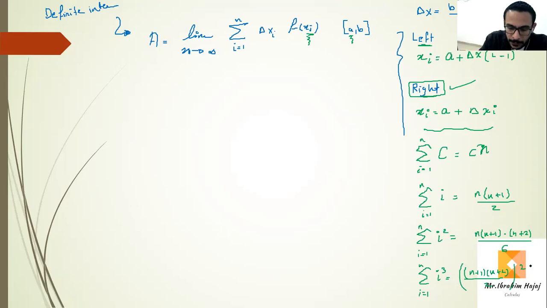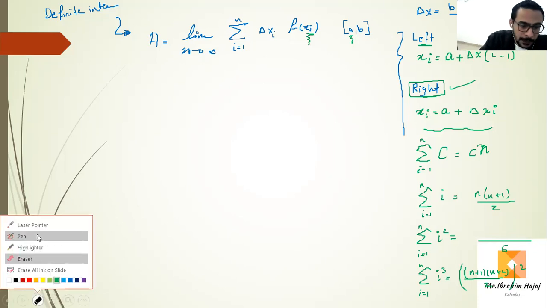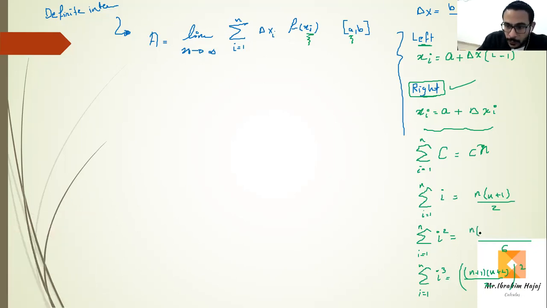I'll make sure of the rules here. Yes, this one is not correct. So please, if you wrote it, correct it, which is n into n plus 1 and 2n plus 1 over 6.